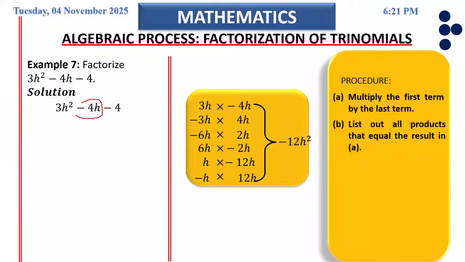All this methodology is to help us be able to split the middle term. Don't forget what I said earlier. The first thing you do is multiply the first term and the last term. Whatever it gives you, you now start listing out what you will multiply together to give you that value, which is what we have done here.